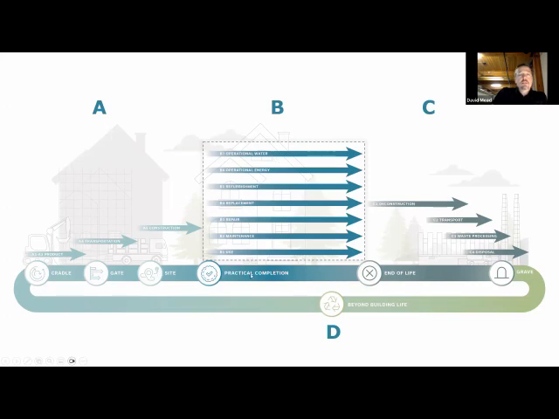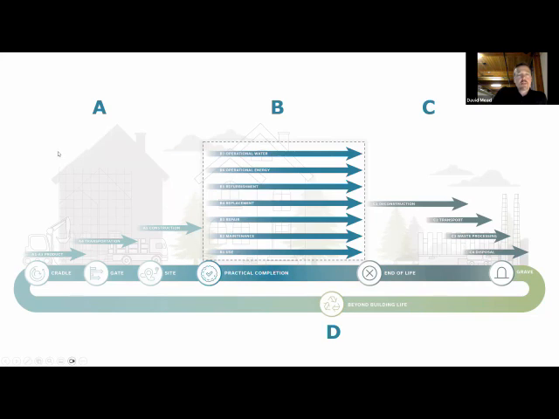The B stages are your practical completion. So everything after that, including your operational energy, operational water emissions, maintenance, refrigerant emissions, are all in the B stage. And then the end of life are the C stages, so it's C1 through C4.